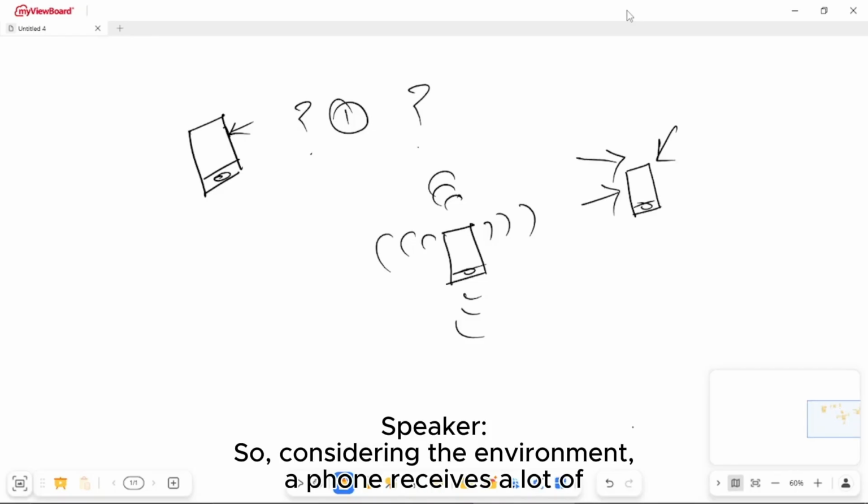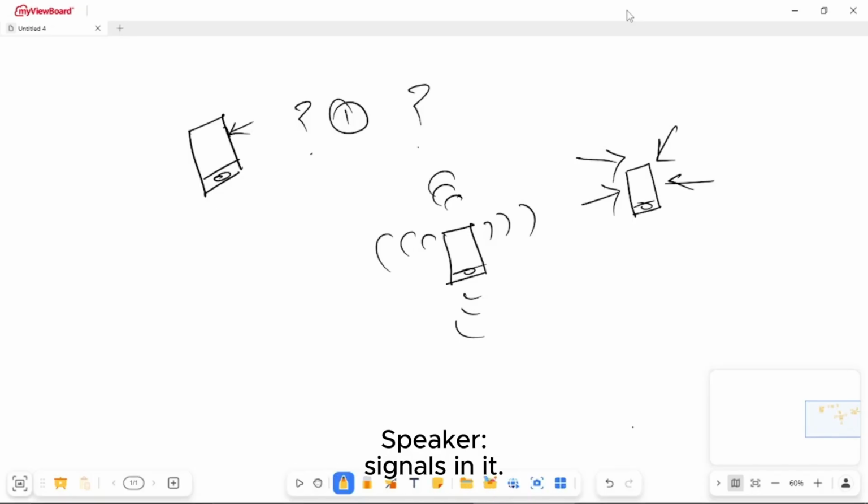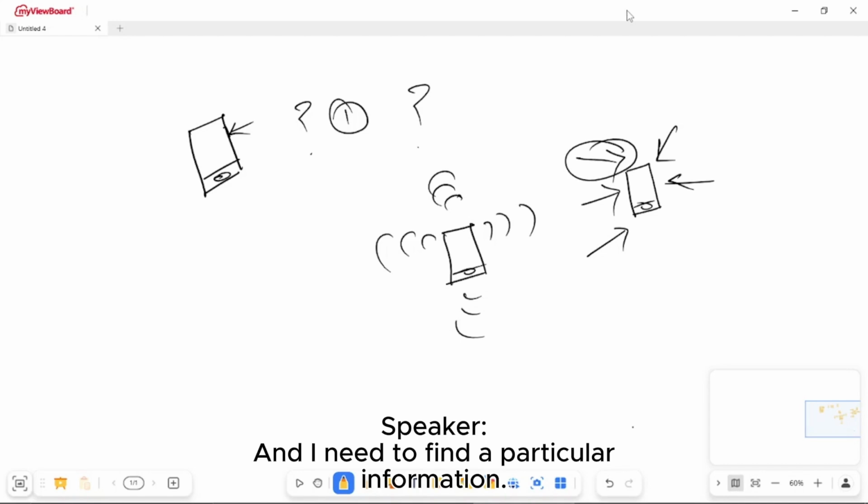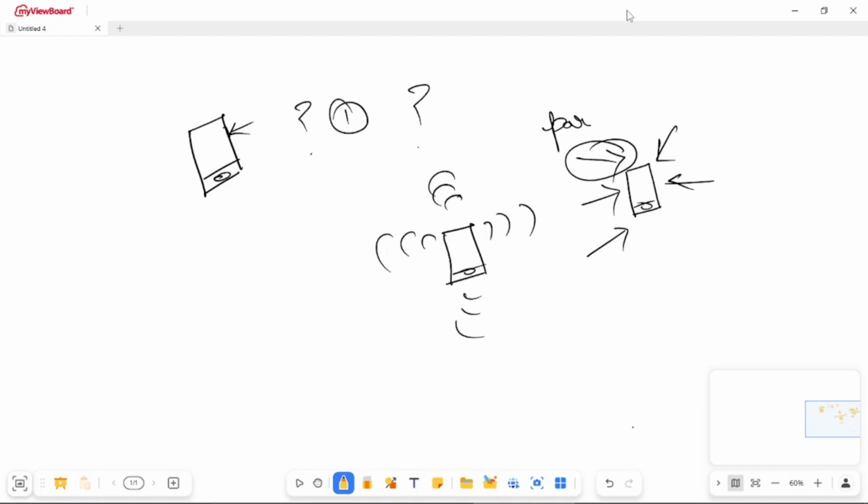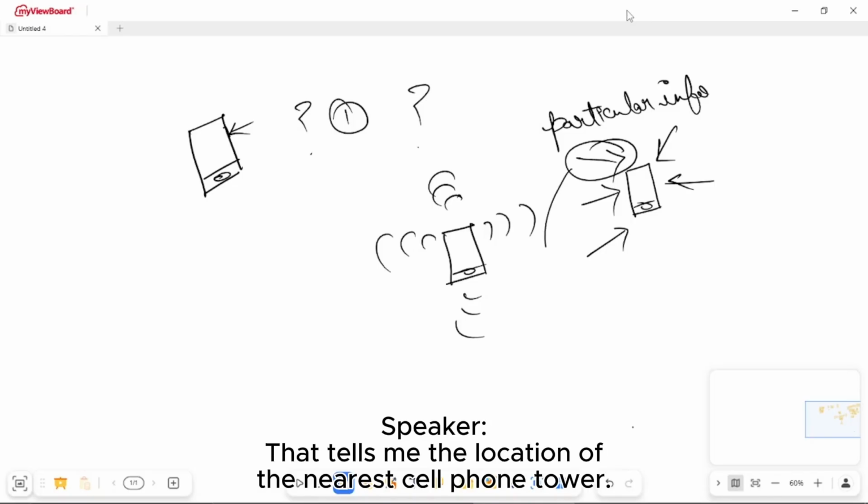Considering the environment, a phone receives a lot of signals. And I need to find a particular piece of information that tells me the location of the nearest cell phone tower.